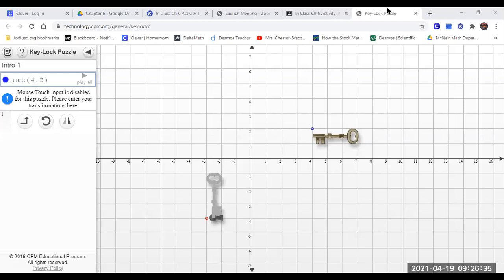And we're going to do that by this arrow says to slide it, this arrow says to spin it, and this arrow says to flip it. Okay, so we're going to try some things out.